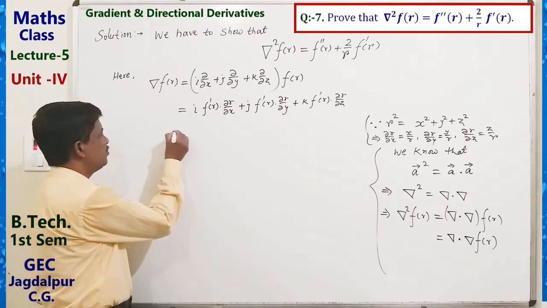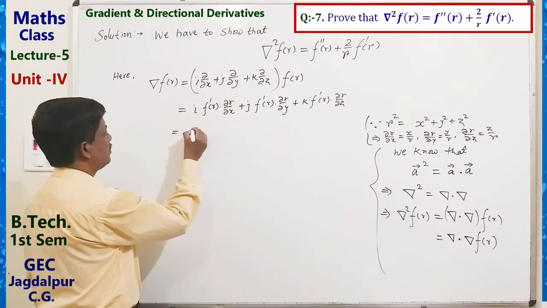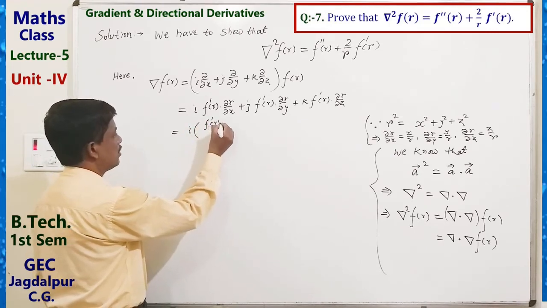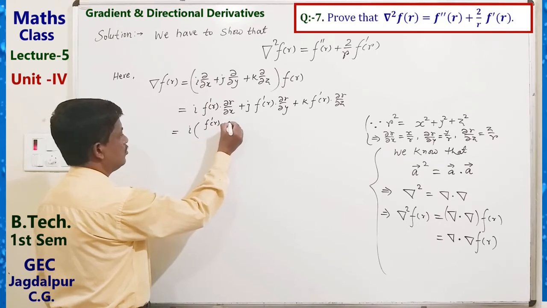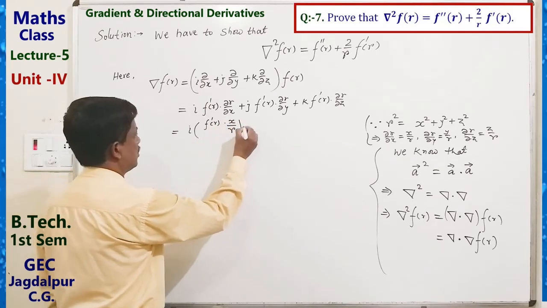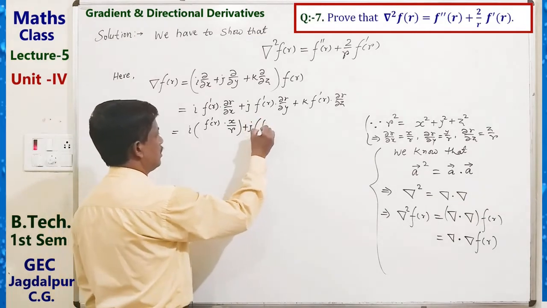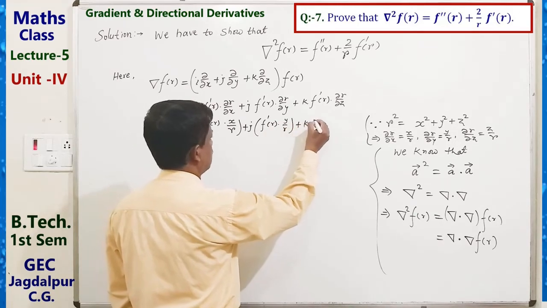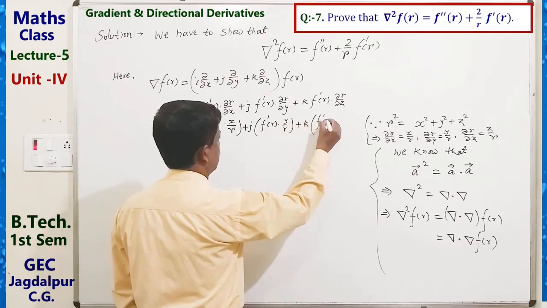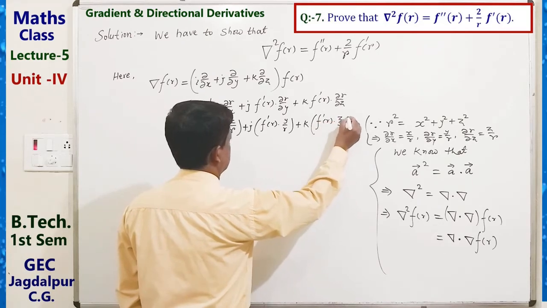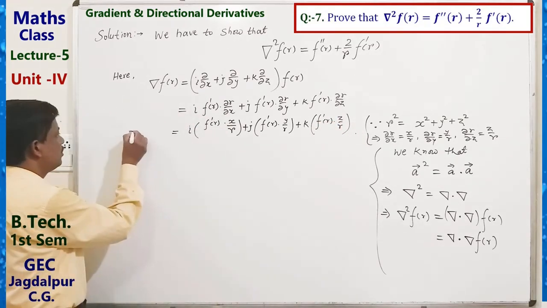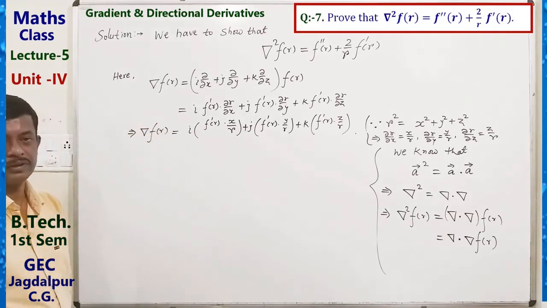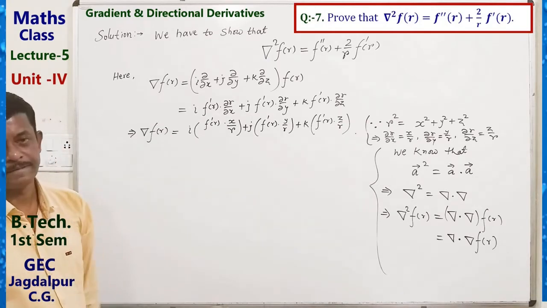Now using this value we can write i f dash r into x by r, similarly j f dash r y by r, k f dash r z by r. This is the value of del f of r.